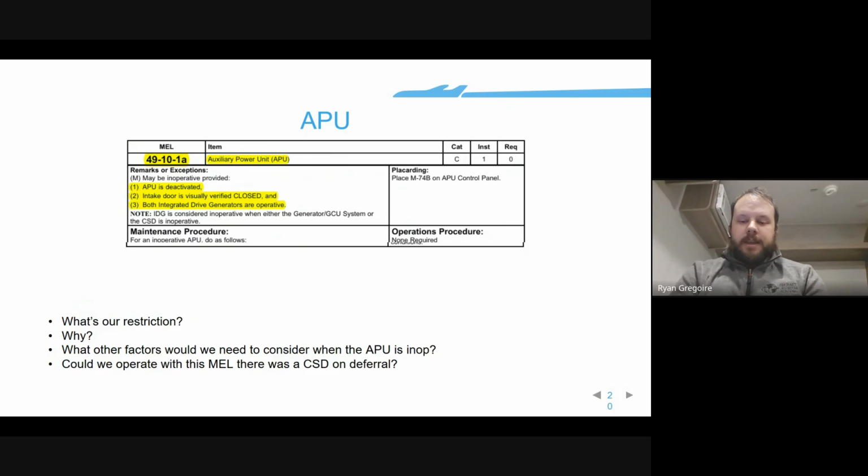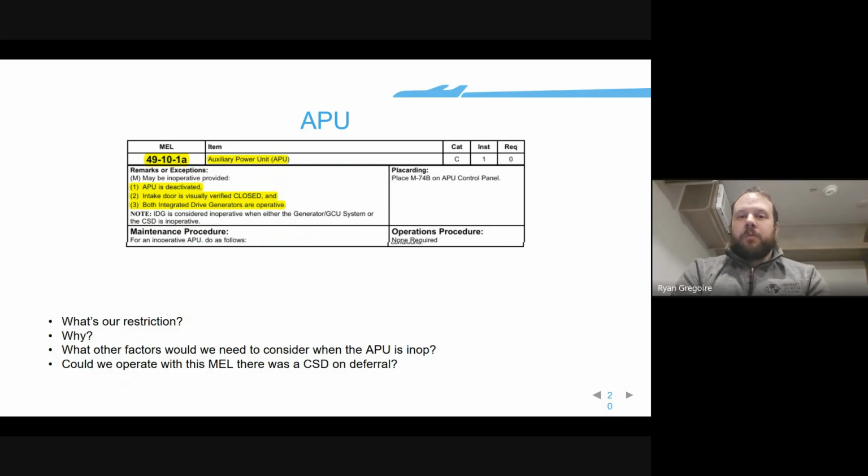Yeah. So if we look at that note, it says the IDG is considered inoperative when either the generator, GCU system, or the constant speed drive is inoperative. So even if there isn't specifically an MEL for the IDG, if there were an MEL for the CSD, we would still have to consider the IDG inoperative, since the CSD is what is actually physically spinning the IDG.